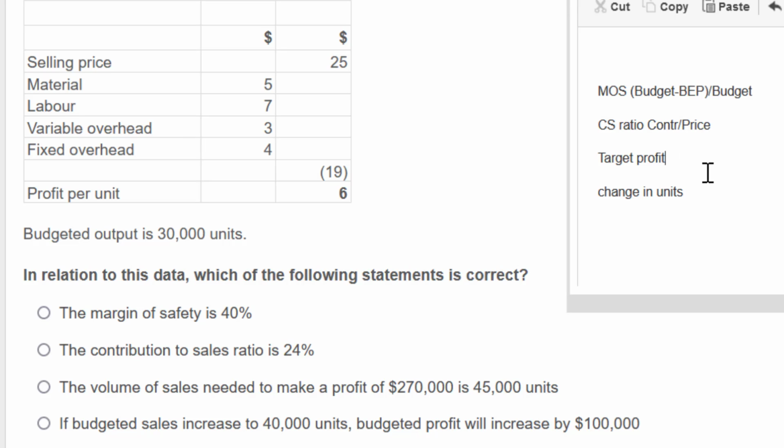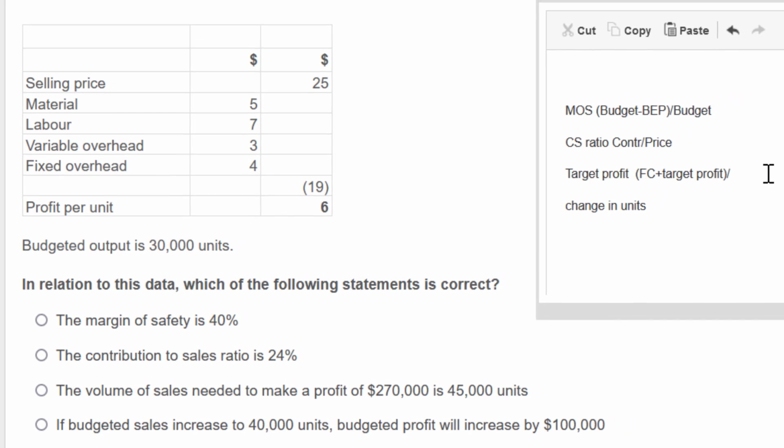That target profit calculation, well, that's going to be similar to a break-even point. We're going to get the fixed cost, FC for fixed cost, plus target profit, put that in brackets, divided by the CS, the contribution per unit.